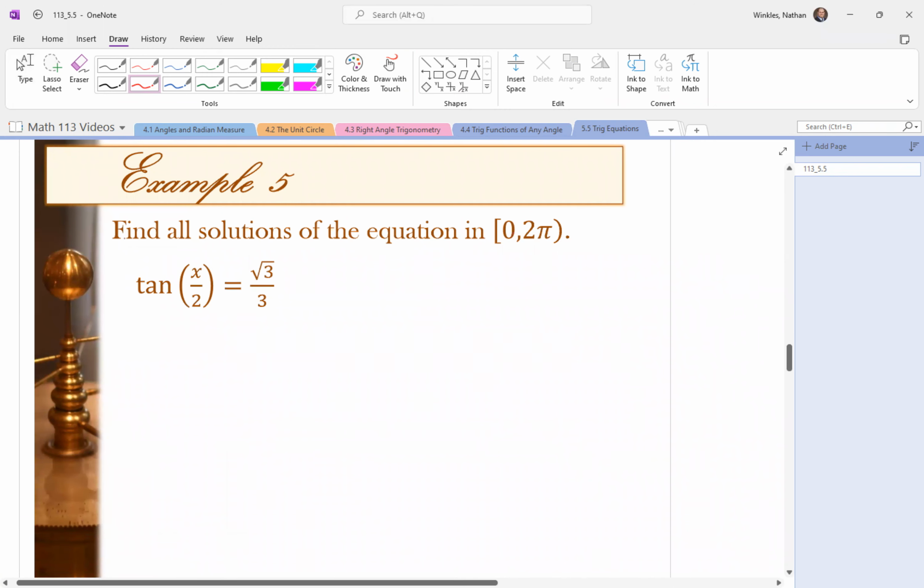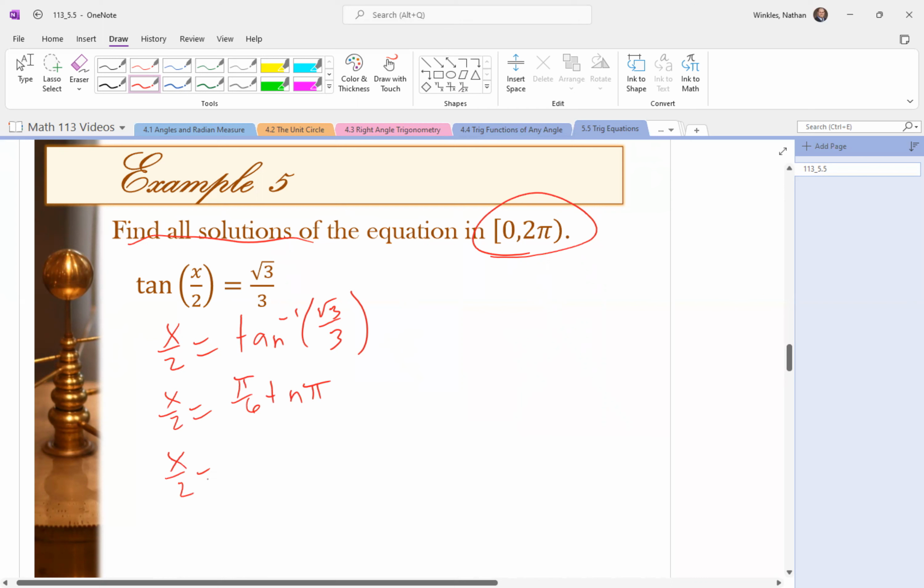So again, we're told find all solutions, but we're bound to this interval. So in this case, x over 2 is equal to inverse tangent of root 3 over 3. So that tells us that x over 2 is equal to pi over 6 plus n pi, and x over 2 is equal to 7 pi over 6 plus n pi.